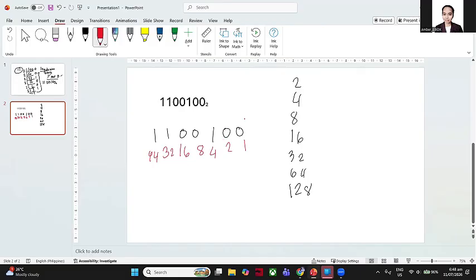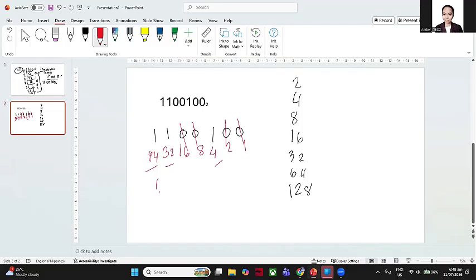We are going to cancel the zeros. 1, 2, 3, 4. It's like FLAMES, right? You cross out the same letters of your name and your crush's name. But this one, we eliminate the zeros. So now we have 4, 32, 64.